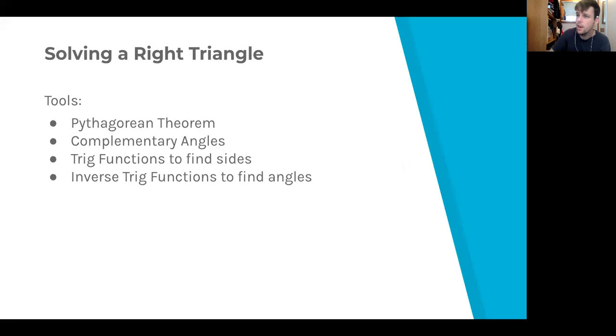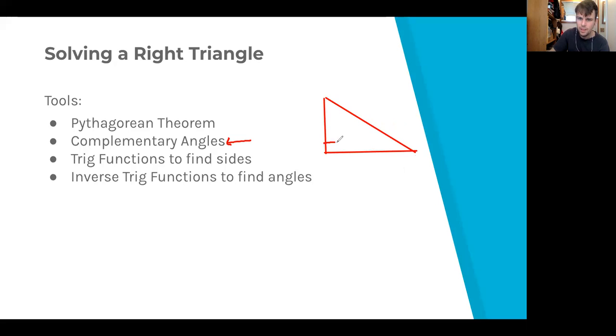So when we're solving a right triangle, there are a few tools that we already know. Obviously, the Pythagorean theorem. If we know two sides of a right triangle, we can always find the third using the Pythagorean theorem. Complementary angles. Anytime we have a right triangle, the non-right angles, the acute angles, are always going to be complementary.